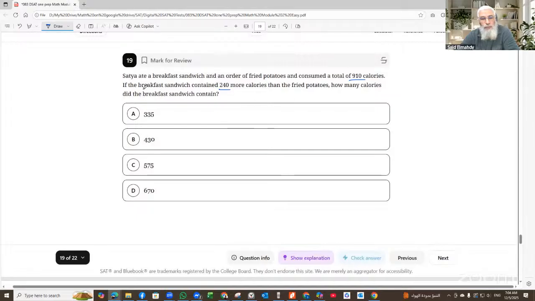So let's make the sandwich X and the potato Y. It says here X plus Y is equal to 910. And it says the breakfast sandwich X contains 240 more than the potato, which is Y.